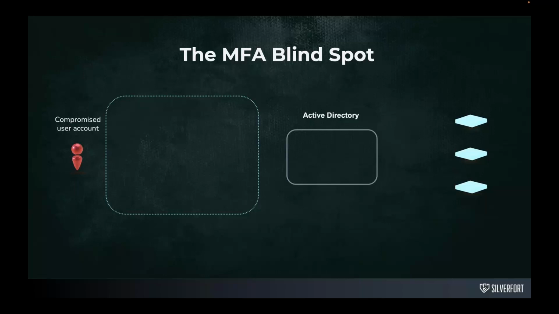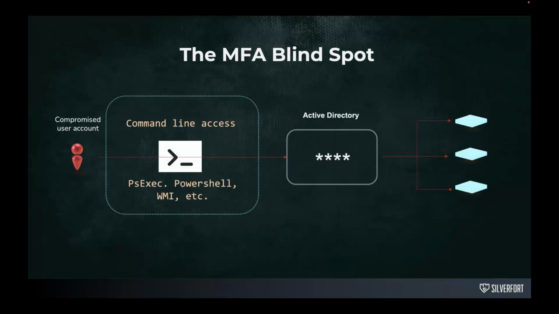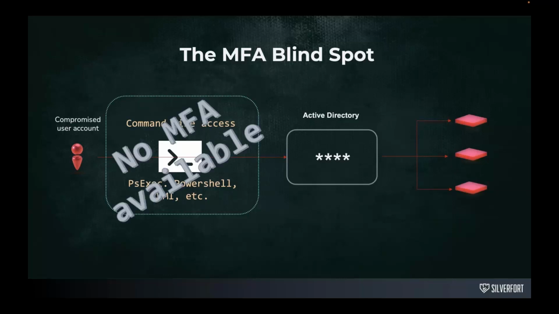But what we also know, and we've talked about it before, so I'll do it briefly, is that when you're talking about command line access, which is what the vast majority of attacks will utilize, you can't apply MFA altogether. So that's the first problem, and it means that there's no way to apply the real-time protection that we're talking about.